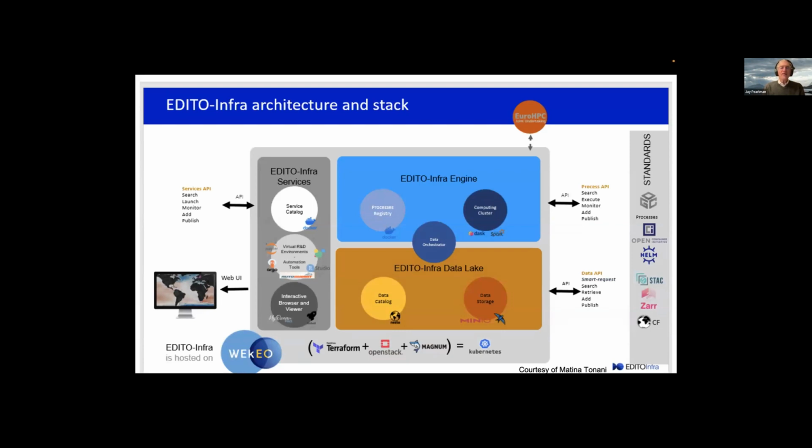It has an infra engine, which is a process registry, computing clusters, and support basically of the processing that needs to be done. And then there's the infra services, which is both a catalog, a virtual research environment, various tools, and an interaction with the users. And there are various APIs that join the support and the part of eDitto to make it practical.